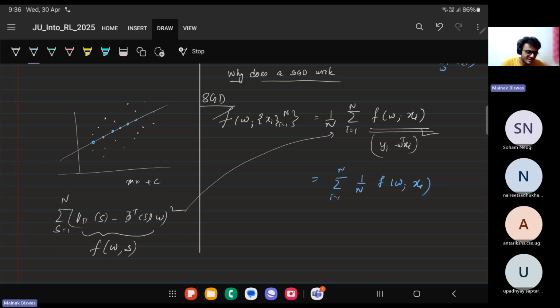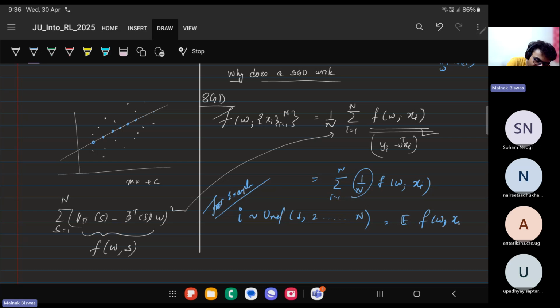So now you see one thing. The sum over i equal to 1 to N of f of W comma x_i. This is what I have written down. Now I say that i is sampled from uniform 1, 2, up to N. If I assume i is sampled from uniform 1 to N, do you agree that this can be written as the expected value of f of W comma x_i, with i sampled from uniform 1 to N?